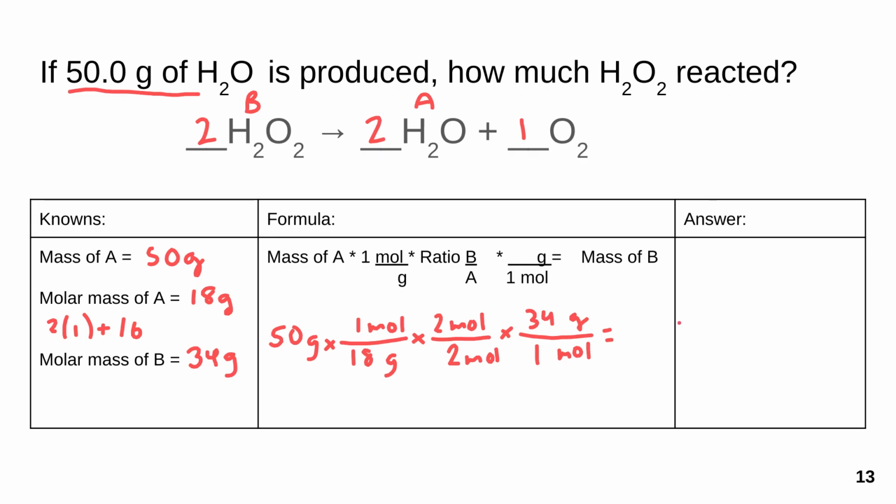So that's going to look like 50 times 1 times 2 times 34, which gives me 3,400. And we're going to multiply all the way across on the bottom. So that looks like 18 grams times 2 times 1. So that gives us 36.